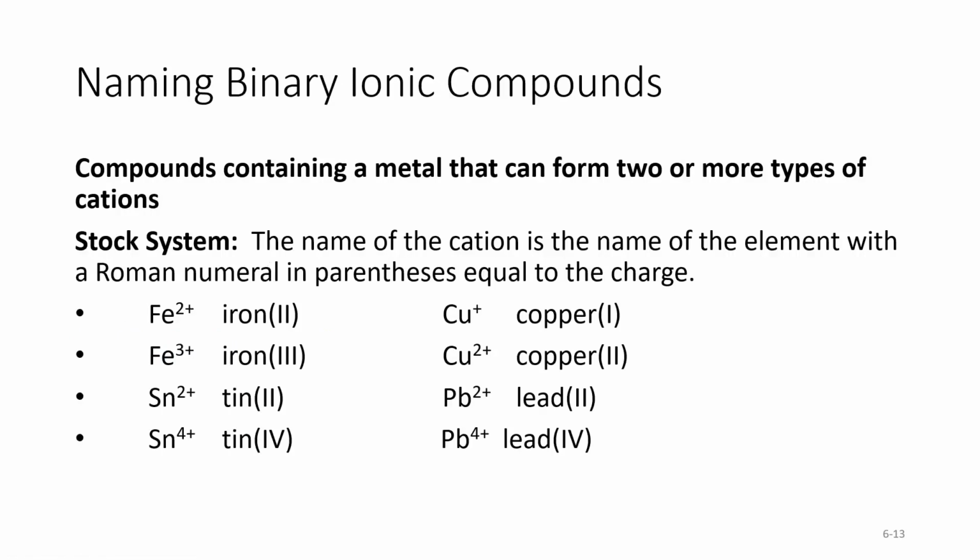Compounds containing a metal that can form two or more types of cations: in the Stock system, the name of the cation is the name of the element with a Roman numeral in parentheses equal to the charge. So Fe2+ is iron(II), Fe3+ is iron(III), Sn2+ is tin(II), Sn4+ is tin(IV), and so forth.